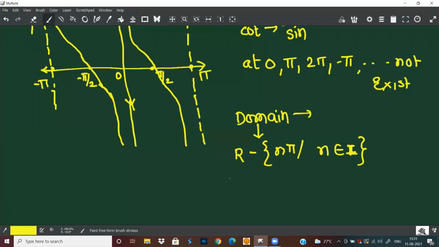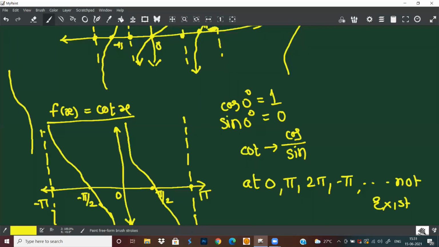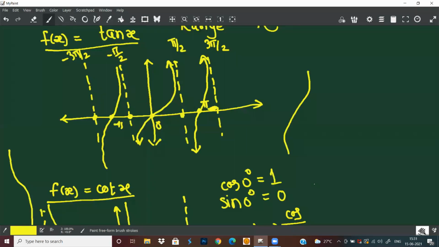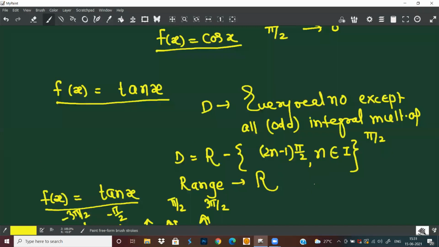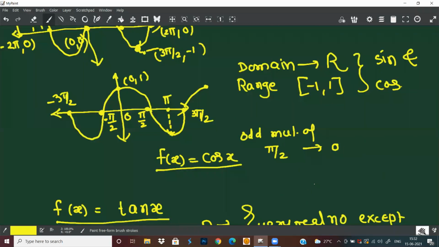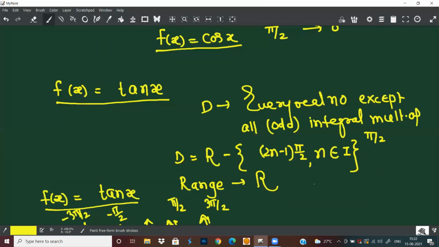Range तो minus infinity से plus infinity तक. Perfect, very good. So ये है graph of cot x और ये है graph of tan x. ये है graph of cos x. ये है graph of sin x. Okay? It was important for me to explain.